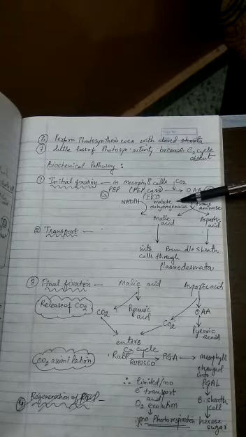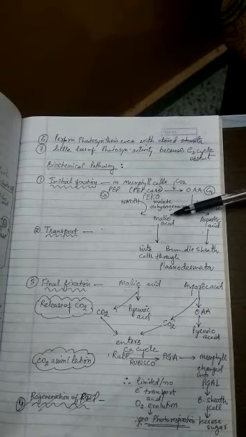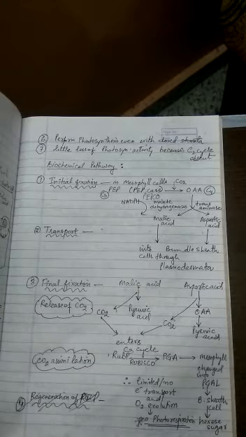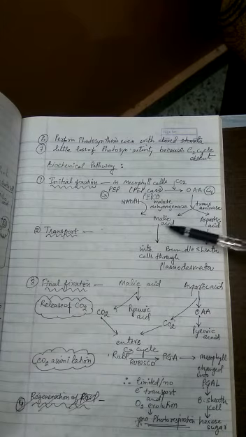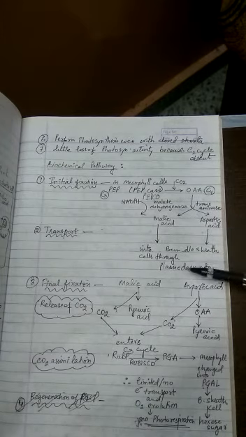Now this oxaloacetic acid undergoes either reduction or amination and then finally changes into malic acid, or it changes into aspartic acid. This is an amino acid, this is a normal organic acid, and whichever is formed will be transported from the mesophyll cell to the bundle sheath cell through plasmodesmata, and this step is called transport.